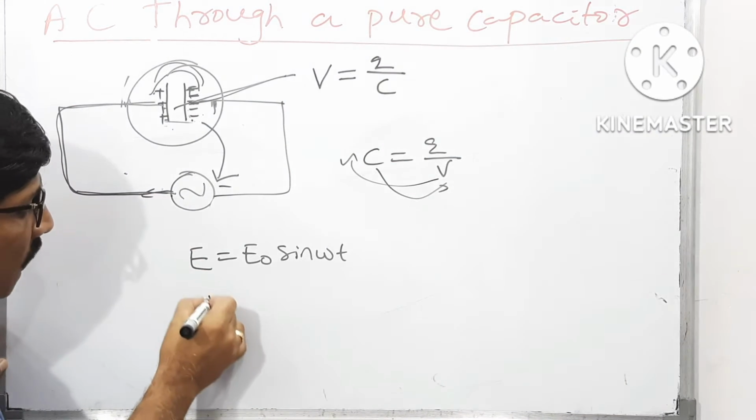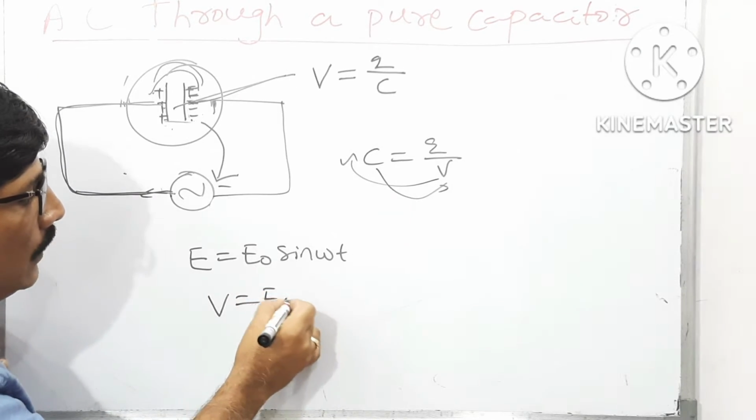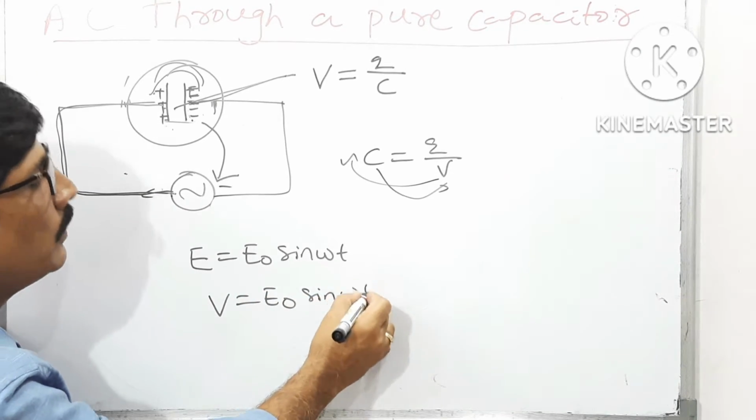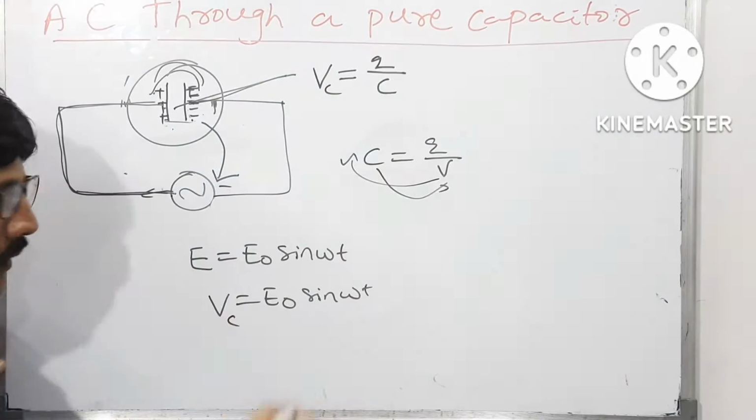That's why in the place of E, you can write V equals E naught sin omega t. Assume that this is the potential difference across the capacitor.